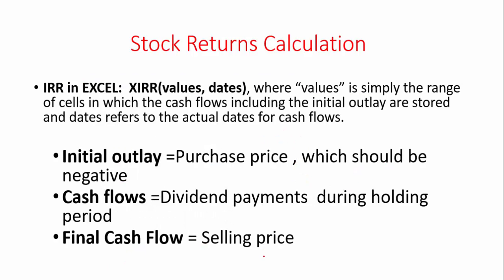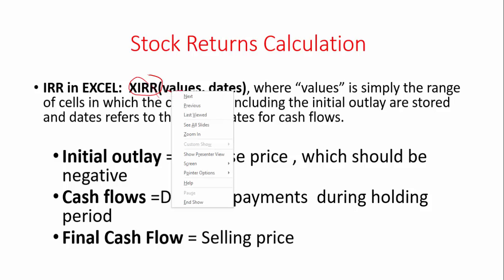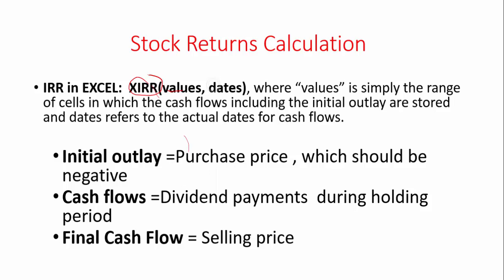If you want to calculate the internal rate of return for a stock, then use the XIRR function, which you have become familiar with when we were talking about capital budgeting. Here it needs values and dates.